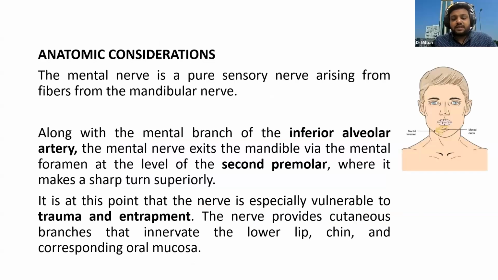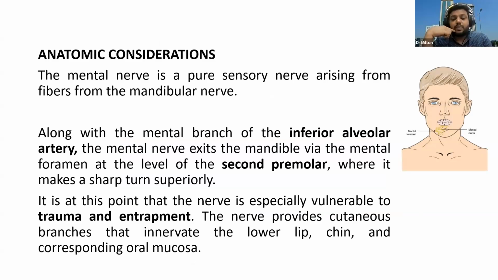The same things are already shown very nicely. It is the sensory branch of the mandibular nerve, and along with the mental branch of the inferior alveolar artery, it exits through the mental foramen, just at the second premolar tooth.